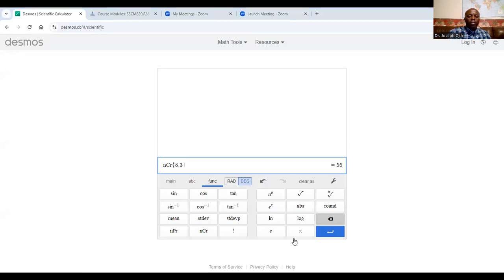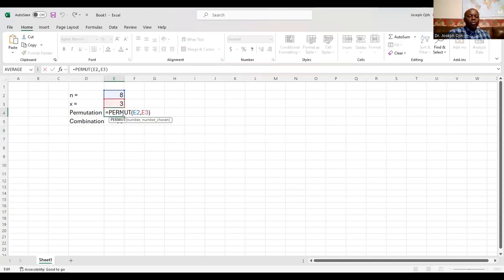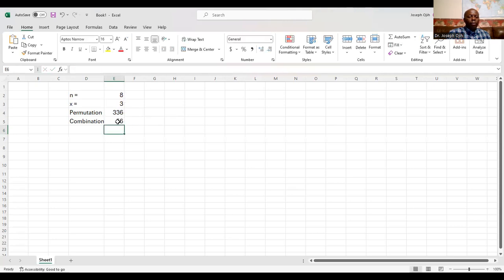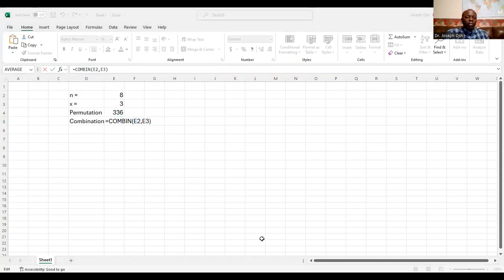So for Excel, for permutation, you put permute, parentheses, then click on the n, comma, and then click on the x, press the enter key. And for combination, it is combine, click on it, then click on the n, comma, and then x. So that's how you do it in Excel.